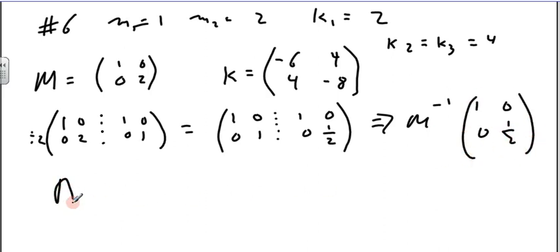And my A is going to be M inverse K. And M inverse K is going to be minus 6, 4, 2, minus 4.